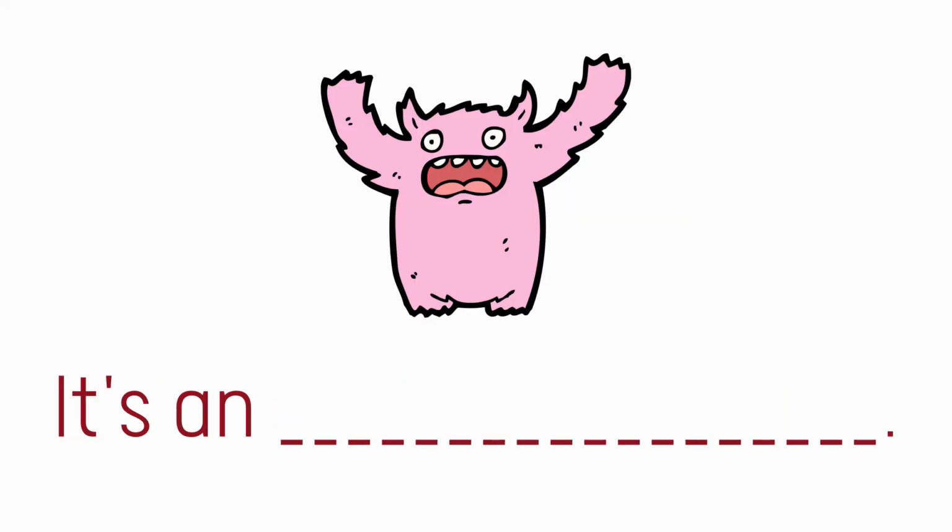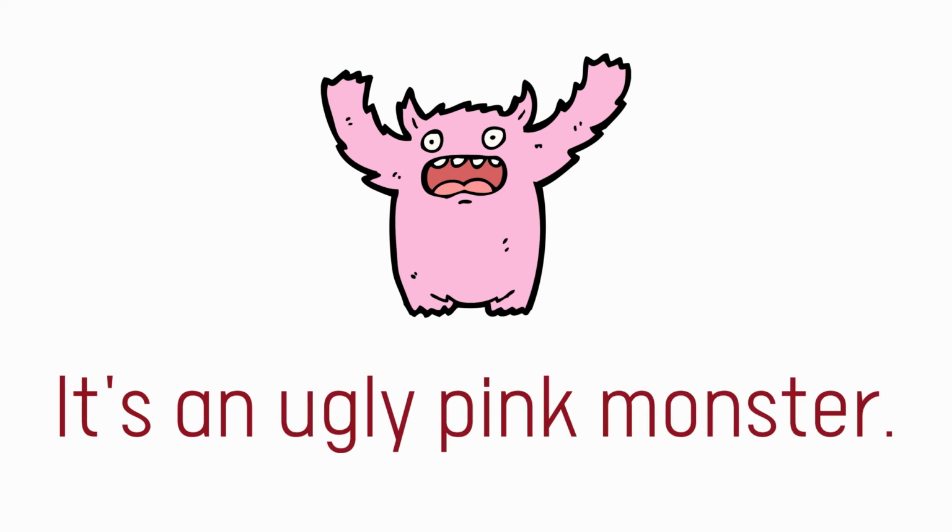What about this one? Make a sentence to tell about this picture. Yes, you can say, it's an ugly pink monster. Or you can also say, it's a big pink monster.